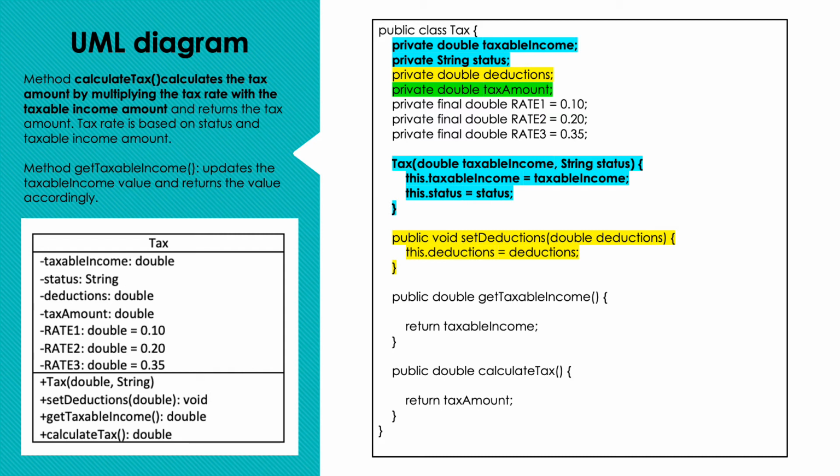The second one would be of type string, so it will be status. So we would write it as Tax(double taxableIncome, String status). And because our variable is type private, whatever the user inputs from the constructor, we want to save it into our variable. So we would write this.taxableIncome equal to taxableIncome and this.status equal to status.